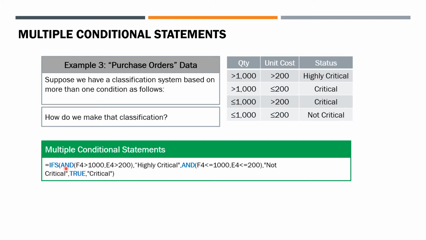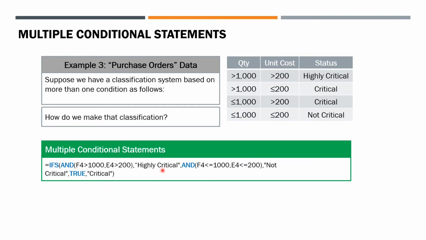IFS is the first function here. You look at AND here, and the formula language is like: if F4, the quantity, is more than 1,000 and the unit cost is more than 200, it is considered as highly critical.